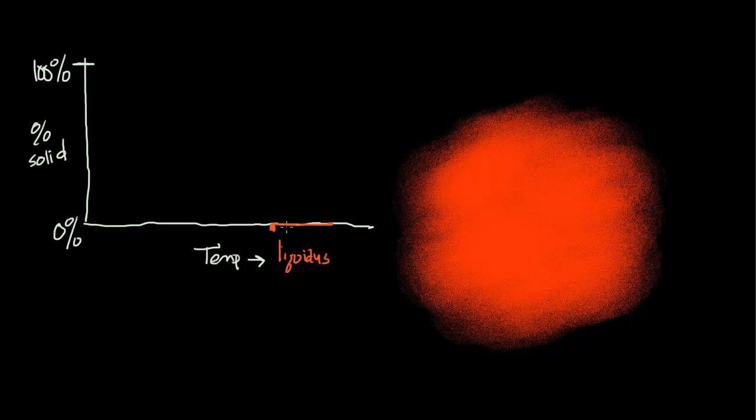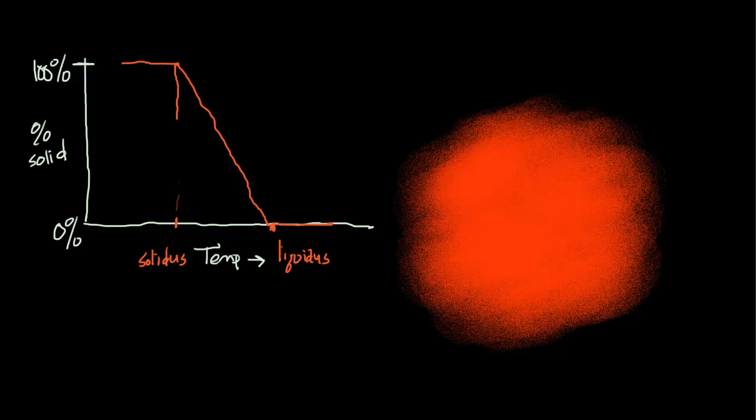And then as the temperature decreases further, the proportion of solids in that mixture increases like this until it reaches another, lower temperature over here, which we called the solidus. The solidus represents the temperature below which there are only solids present. The liquidus represents the temperature above which there is only liquid present.